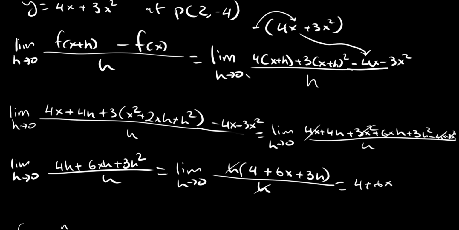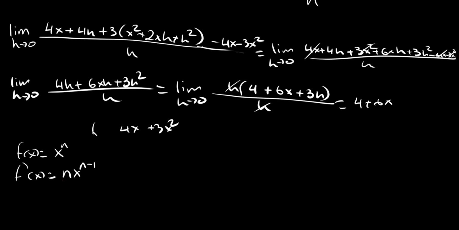This is my f of x. If I take my f prime of x, my derivative, it's going to be 4 times 1 times x to the power of 1 minus 1 plus 3 times 2 times x to the power of 2 minus 1.